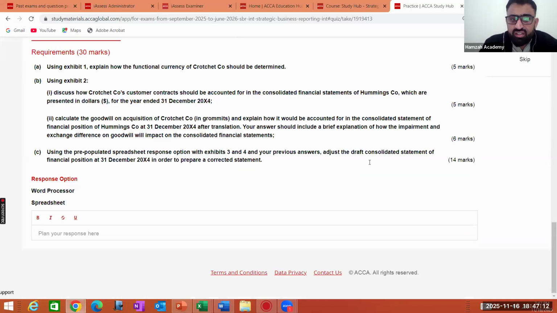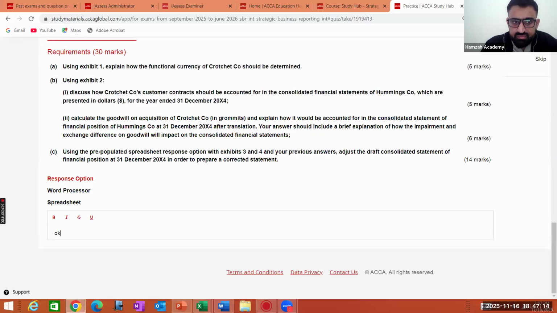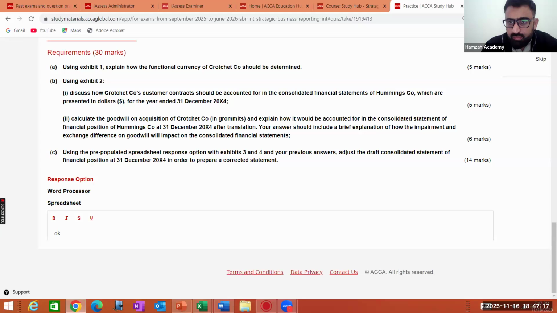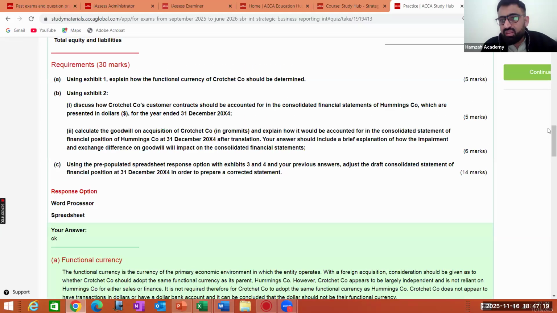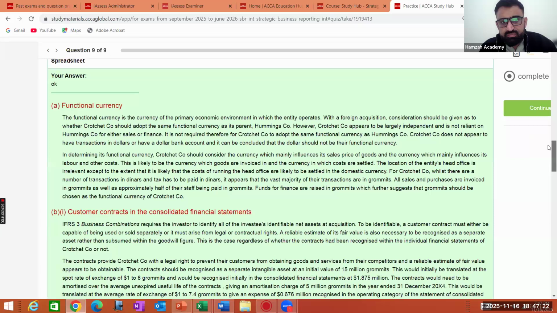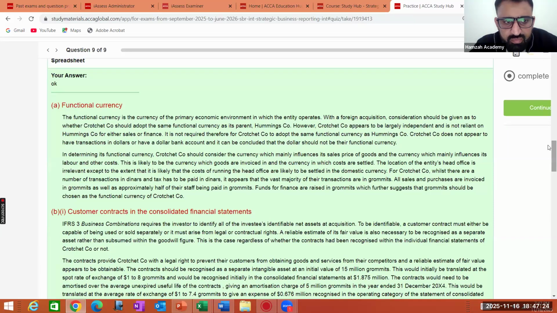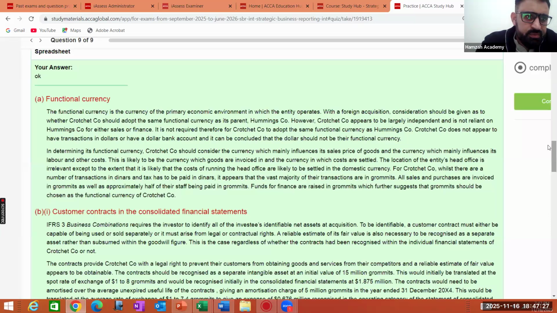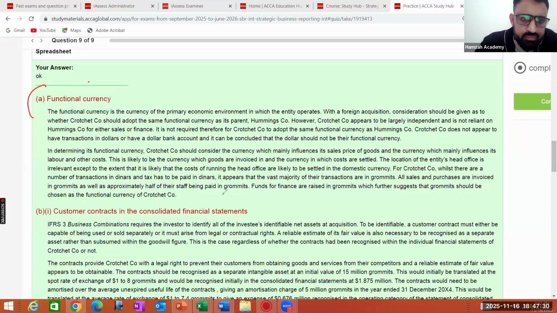Grommet should be the functional currency. You got it? Kindly read the answer.